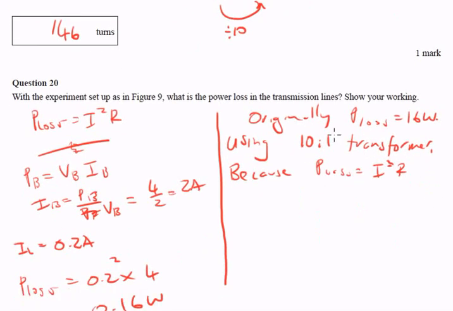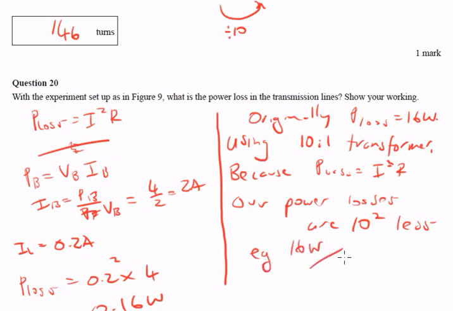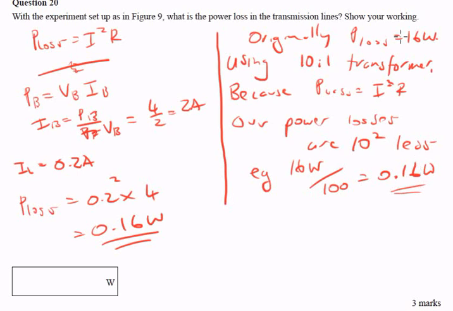Our power losses square this value. Our power losses are 10 squared less, e.g. 16 watts divided by 10 squared. 10 squared is 100, so 0.16 watts. And that's what we got with the other way as well. You don't have to do both ways, but I just thought I'd show you. 0.16.